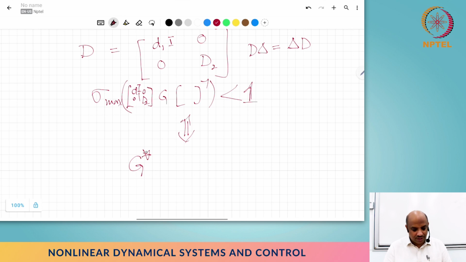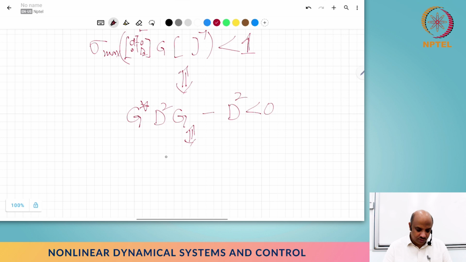One of the nice things about this particular matrix is it's almost equivalent to looking at a condition G star D squared G minus D squared is less than 0, but you can imagine doing the same thing from some other D hat or something like that.